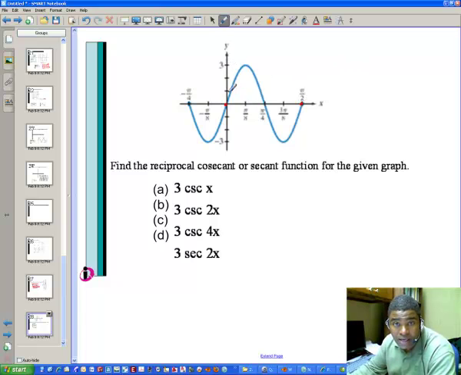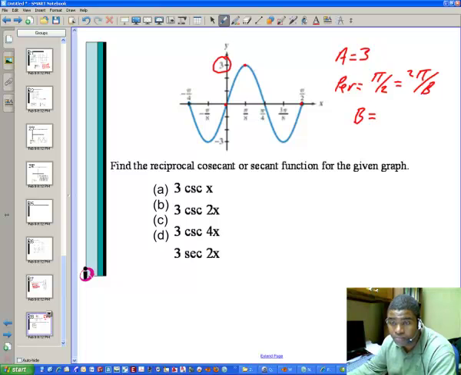We can also find A, and use this area right here, the maximum point to find A. So A is equal to 3, and the period is equal to pi over 2, which is equal to 2 pi over B. And if we solve this in terms of B then B will be 4.